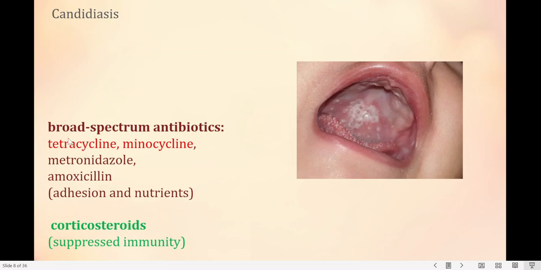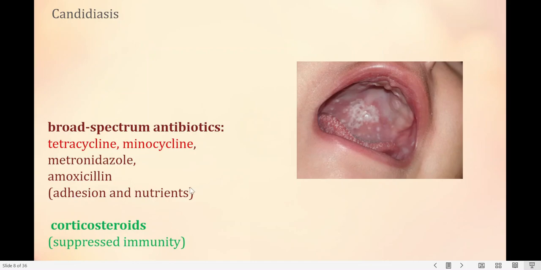Now, the broad spectrum antibiotics, I just want to mention a few of them, which may also be prescribed to our dental patients, like the tetracyclines, mainly tetracycline and minocycline. We have also metronidazole.